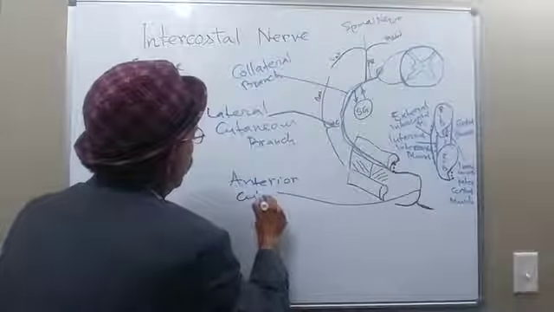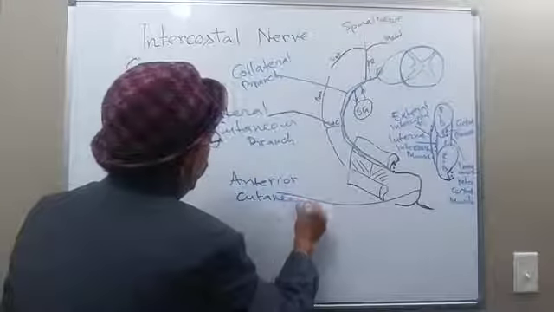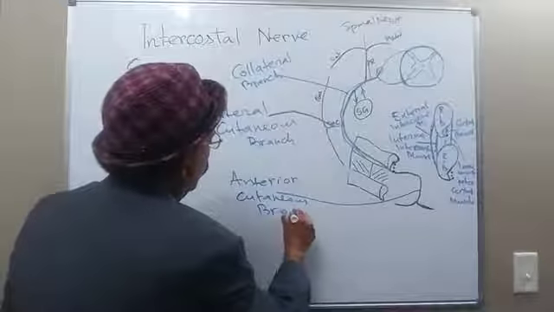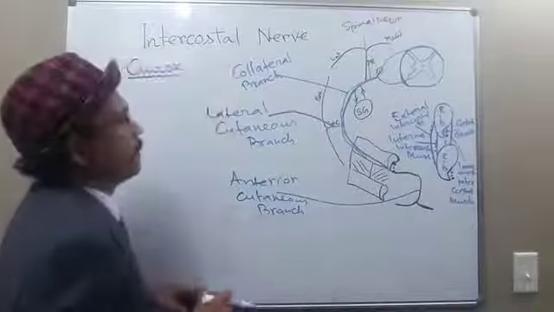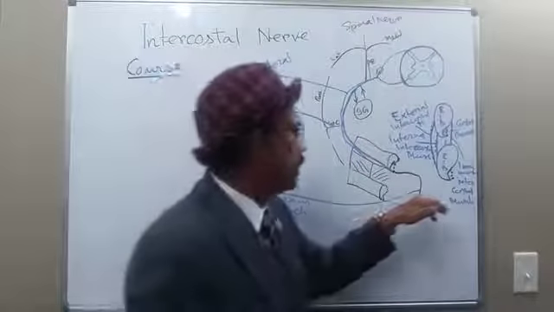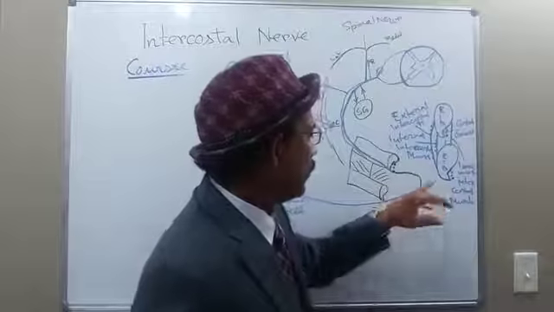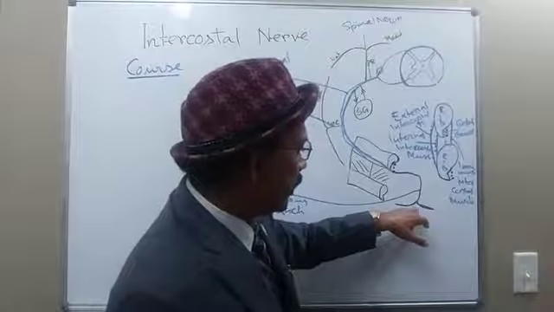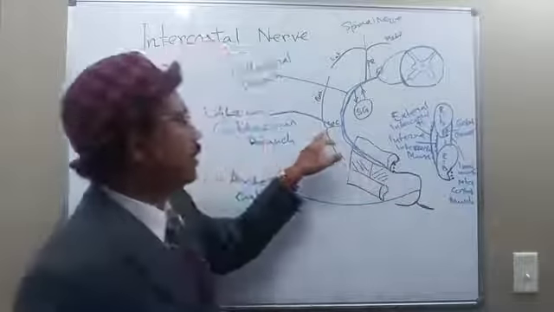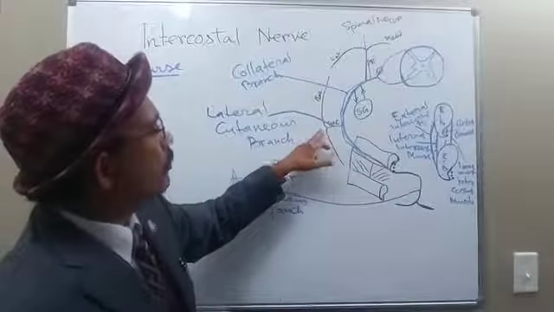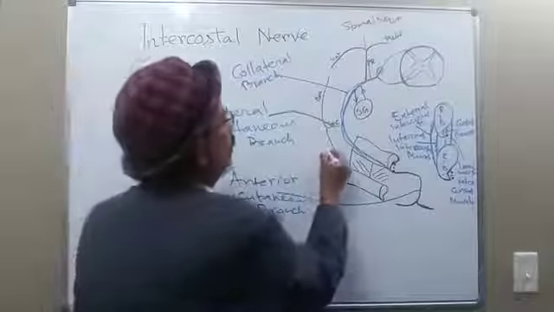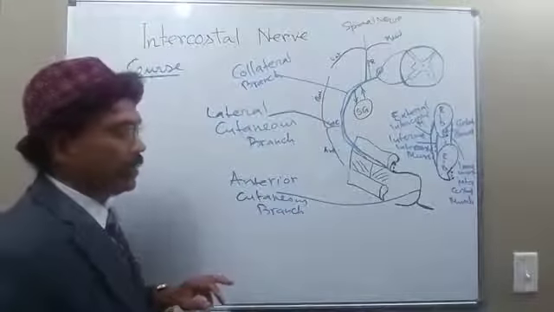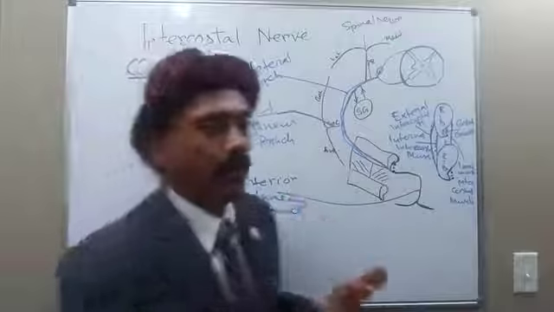The anterior cutaneous branch has again two divisions: one is the medial branch, another is the lateral branch. The lateral cutaneous branch has two divisions, posterior division and anterior division. So these are the branches.